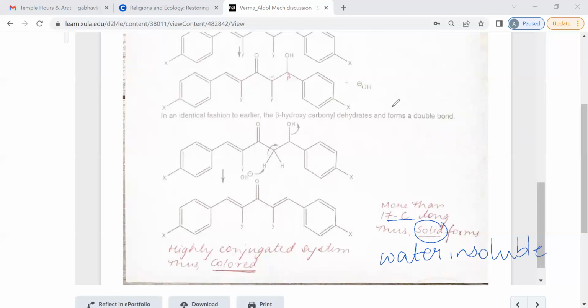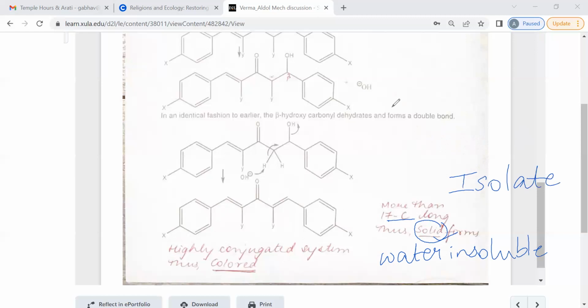Because it is insoluble in the aqueous solution of sodium hydroxide, ethanol, and so on, this will crash out as a solid. So you should know why you will be able to isolate your product.